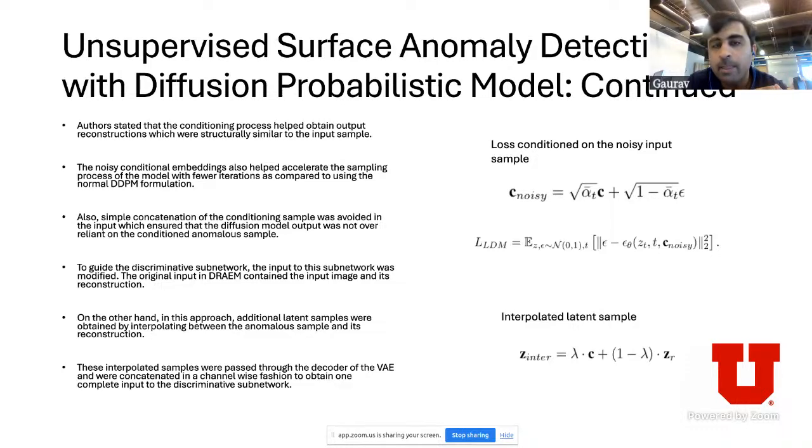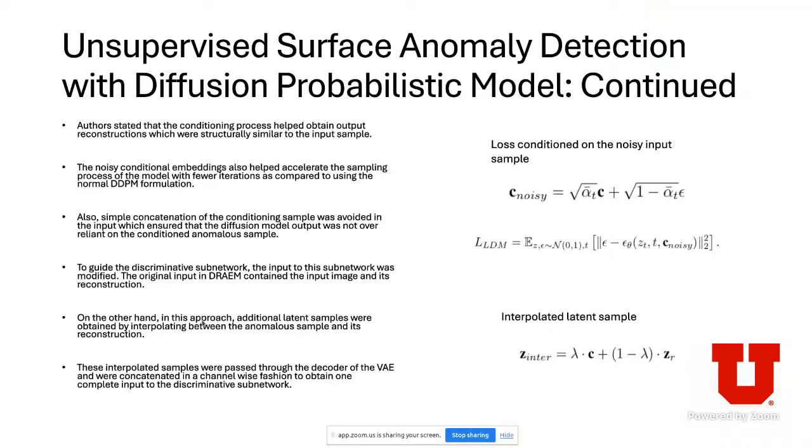But in this network, the discriminative subnetwork not only has the input image and its reconstruction, but also interpolating channels, which correspond to interpolation between the input anomalous image, or it might be an input normal image, and the reconstructed normal version of this image. That's guiding the discriminative network according to the authors. So Z_inter is just used to guide the discriminative network.